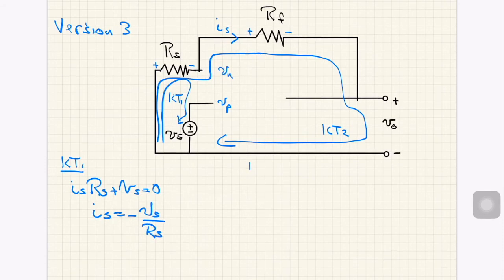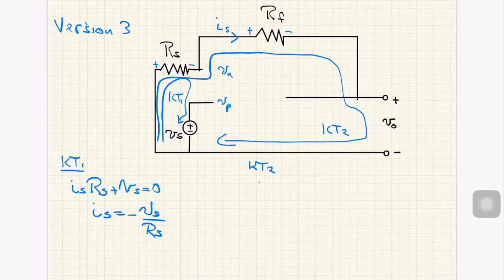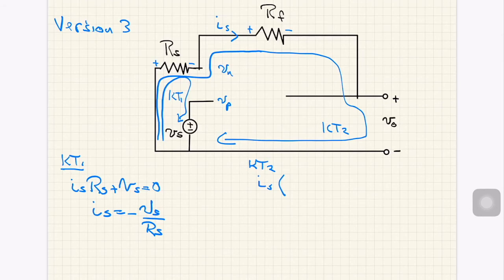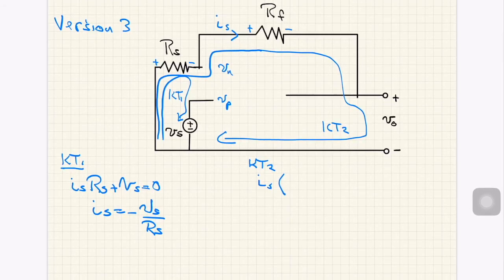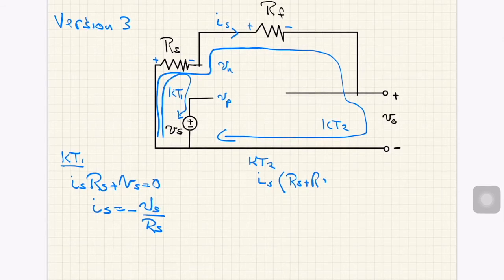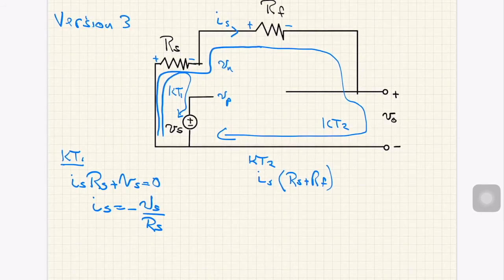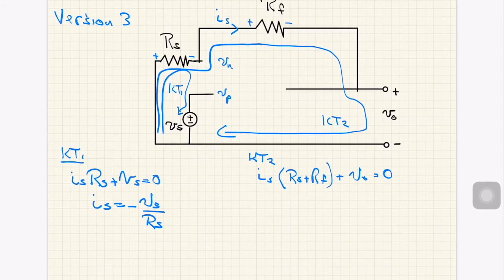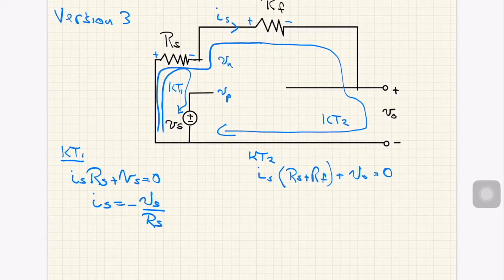And over here on KT2 I have another expression, so I have the same IS current, but it's going to flow now, and I'm getting smarter at this now, I recognize it's going to flow through RS and RF, so I can actually combine them already, anticipating what's going to happen. And then of course I have the output voltage V0, and the sum is equal to 0.